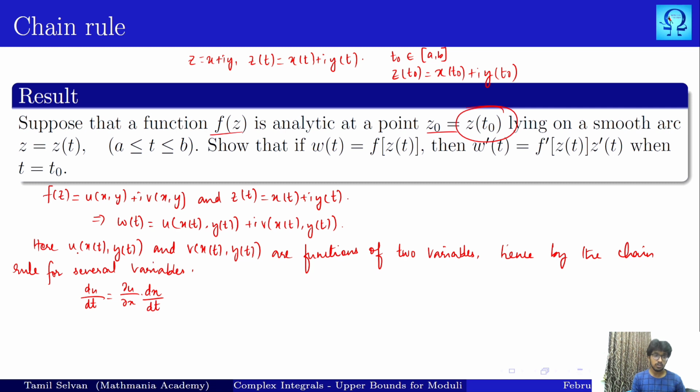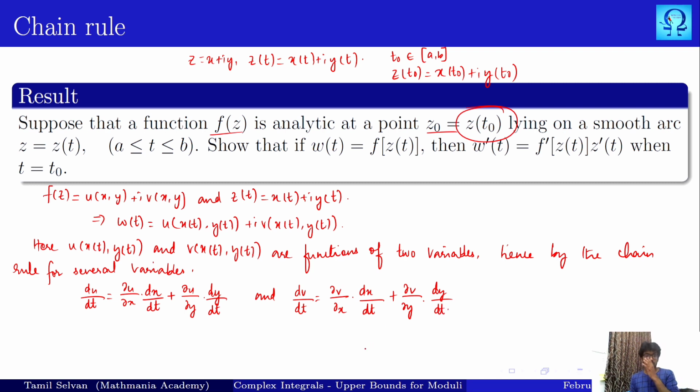You can notice this u is a function of two variables and x is a function of only one variable, plus del u upon del y multiplied with dy upon dt, and dv upon dt is del v upon del x multiplied with dx upon dt plus del v upon del y multiplied with dy upon dt. So this is the derivative.